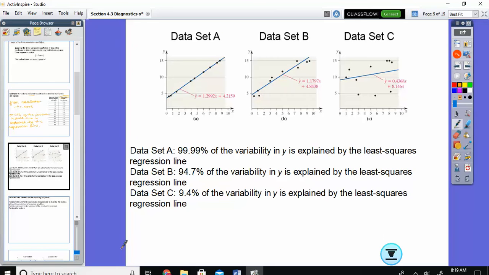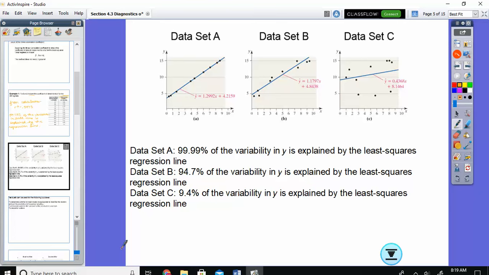Just kind of a visual to explain this a little bit more. Here are 3 different sets of data and a regression line drawn in. The first one, you can see that line is really good. It's a really good fit. It would have an R squared of like 0.9999. It's like 99.99% of the data is explained by that regression line. This one, the points are a little bit spread out.